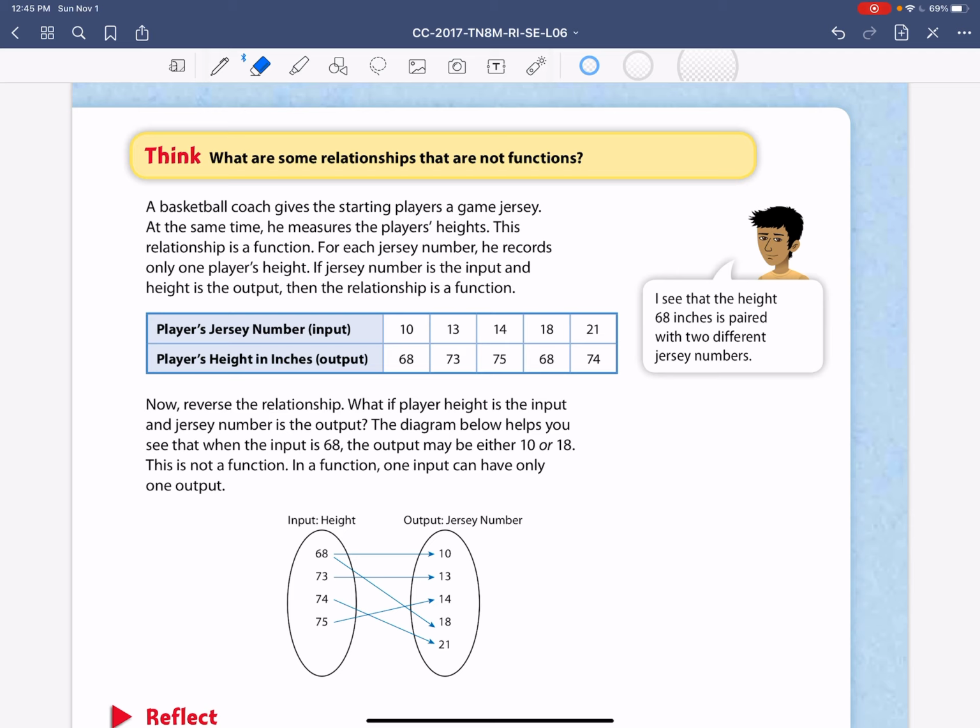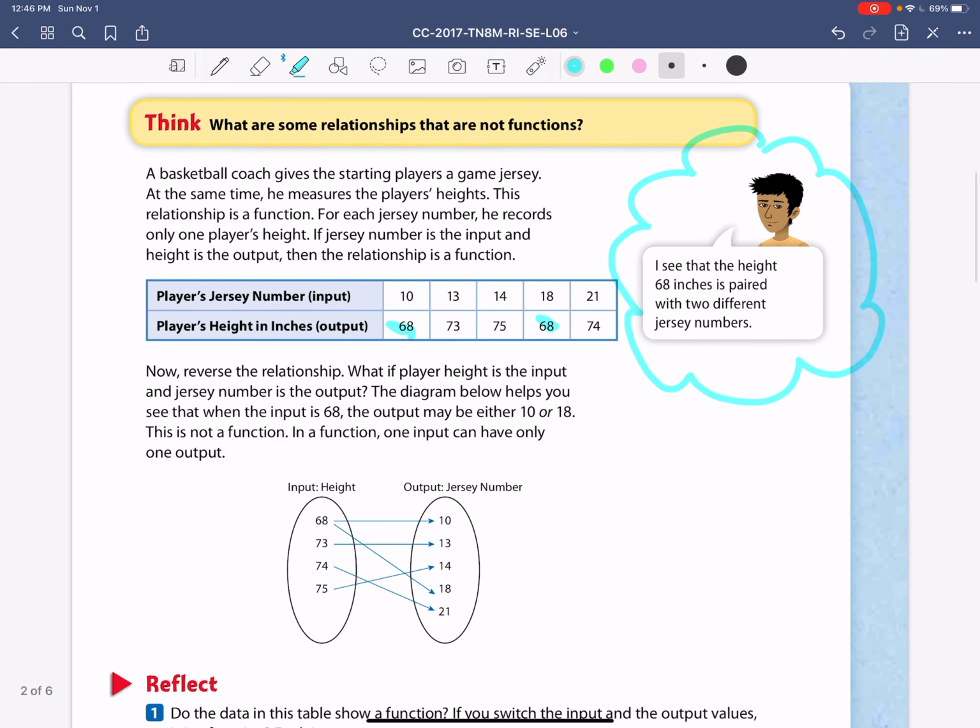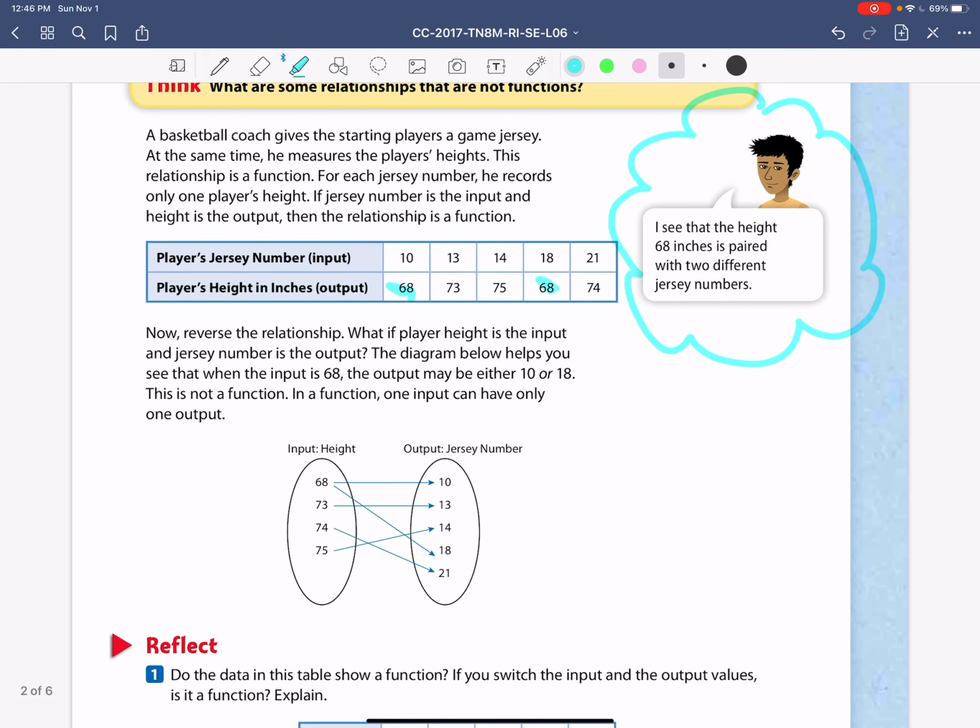And this person over here is giving us a little hint. He says, I see that the height 68 is paired with 2 different jersey numbers. We see it here and here, with 10 and 18. It says now let's reverse the relationship. What if player height is the input and jersey number is the output?